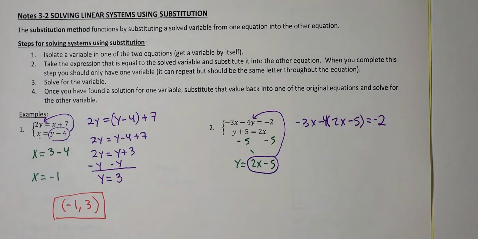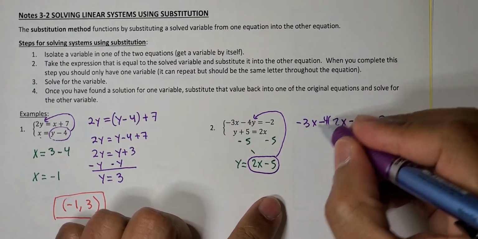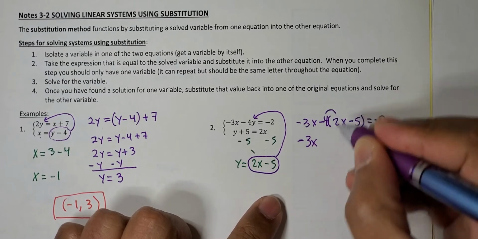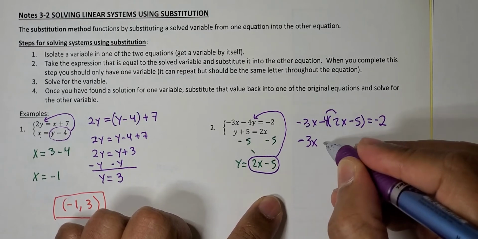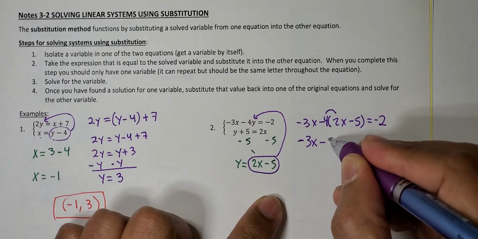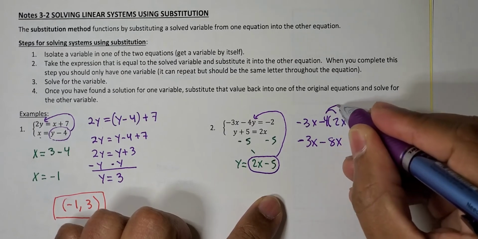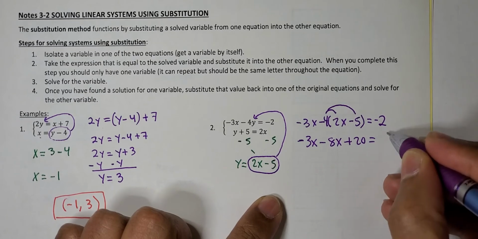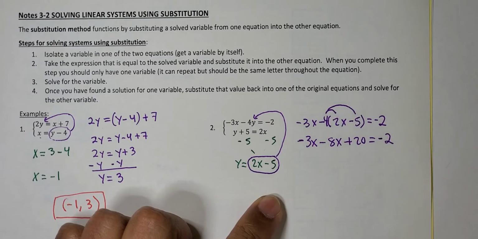And next I'm going to distribute. I'm going to follow the order of operations. So I'm going to distribute this negative 4. So negative 4 times 2x is going to be negative 8x. And then negative 4 times negative 5, that's positive 20. And that is equal to negative 2.